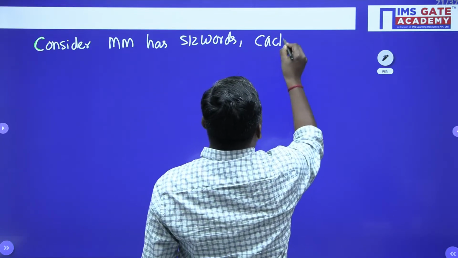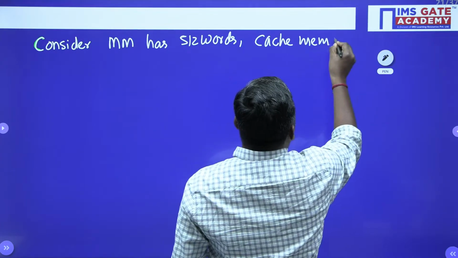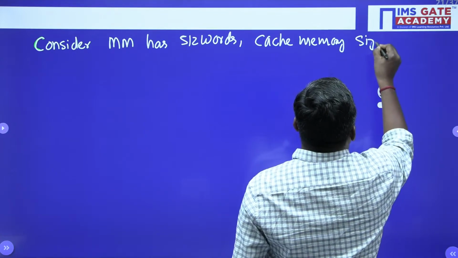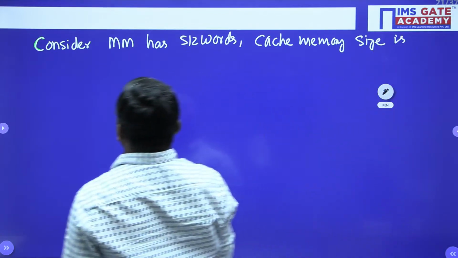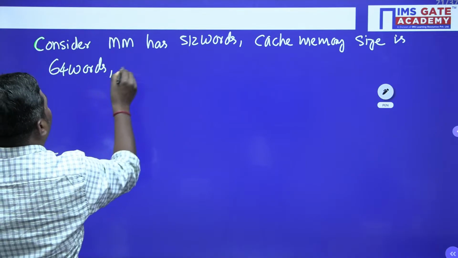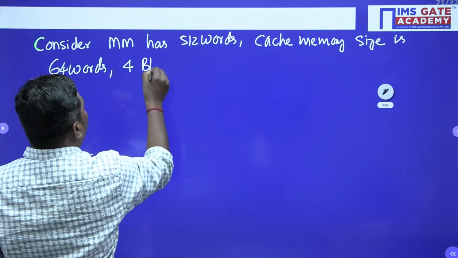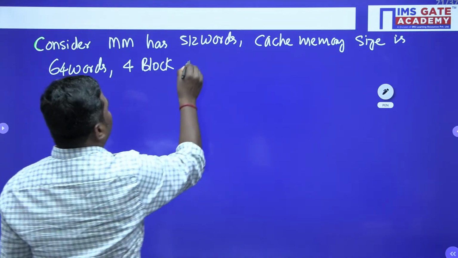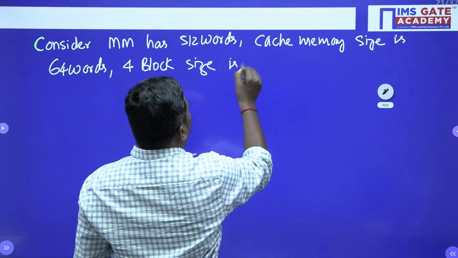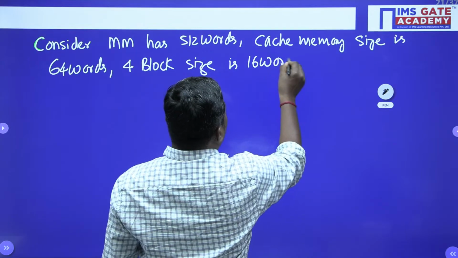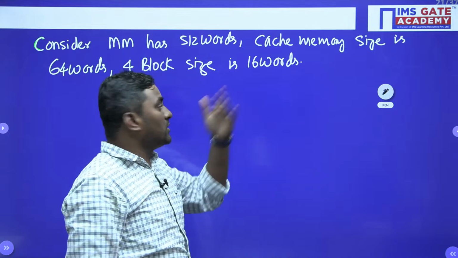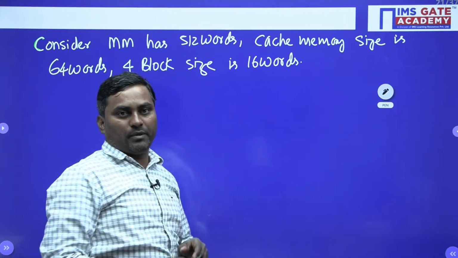Cache memory size is 64 words. I am taking a block size of 16 words to divide the memories into blocks. Word length is 16 bit. Assume it is a word addressable memory.